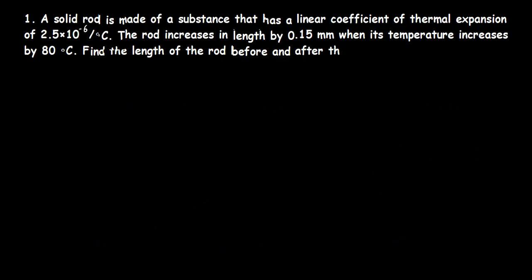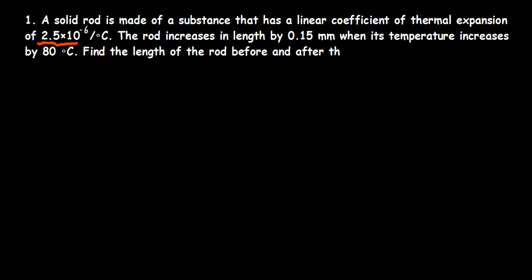They are saying a solid rod is made of a substance that has a linear thermal expansion coefficient of 2.5 times 10 to the power minus 6 per degree Celsius.